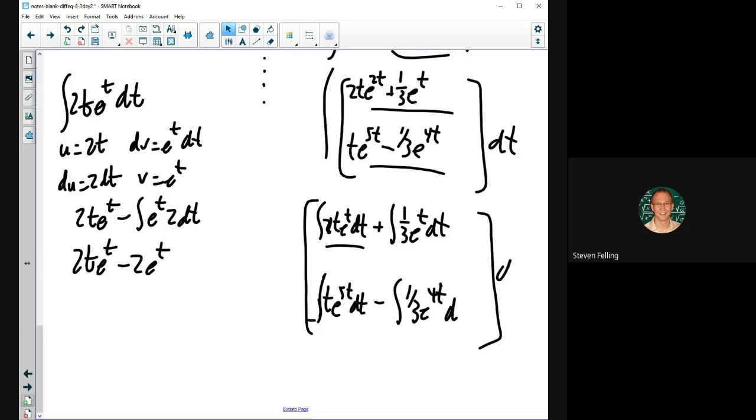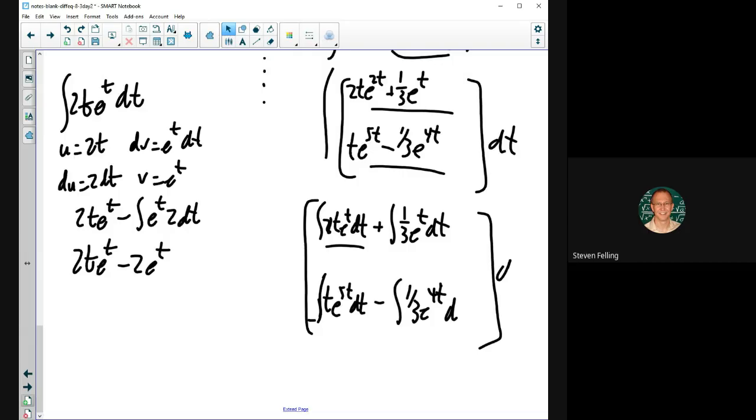Just making sure I'm checking against my key here, and I'm seeing that there's a slight discrepancy. I don't want to introduce a mistake here. So yeah, I think I might have dropped a constant in here. Okay, let me continue here.